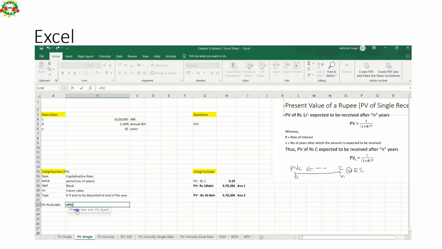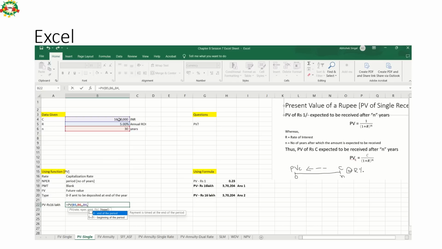First is rate of interest, which is the capitalization rate. Just remember this. Then NPER, which is number of periods, number of years. This is this cell. Then PMT, leave it blank. And then future value 16 lakhs, this cell. And then type.